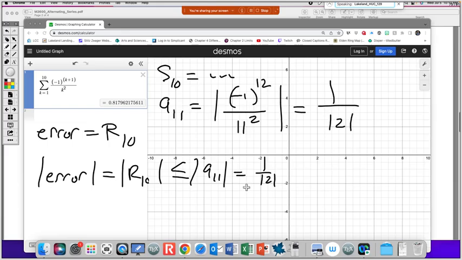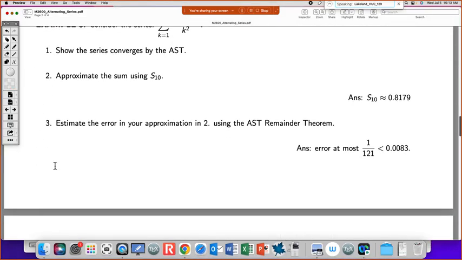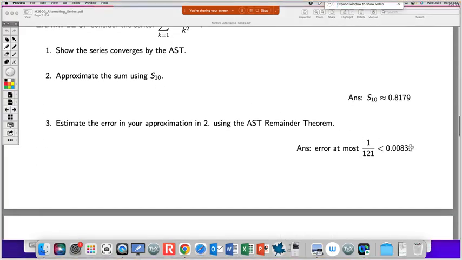Make sense or not, folks? And that's it. That's why I love this remainder theorem. You just go one more, and that's the worst error you could get. Make sense or not, folks?